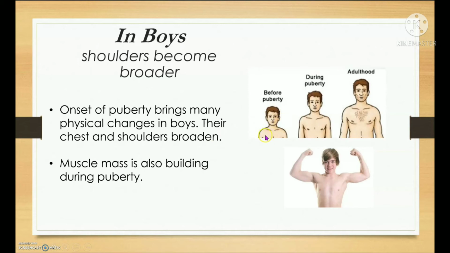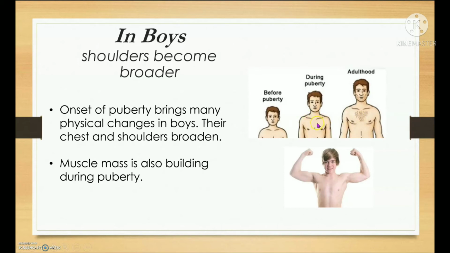As we can see in our picture example, this is the boy's chest before puberty. Then the next picture is during puberty and adulthood. We can see the changes in the size of their shoulders and chest. It is widened or broadened.